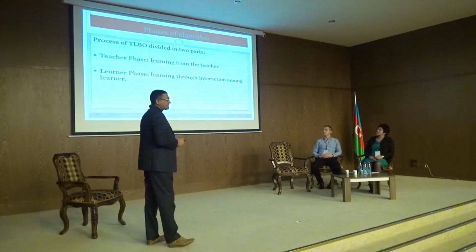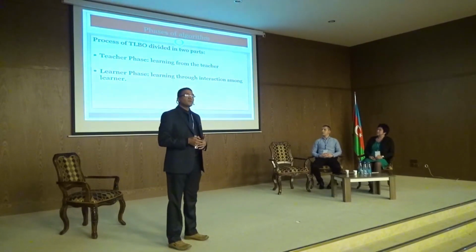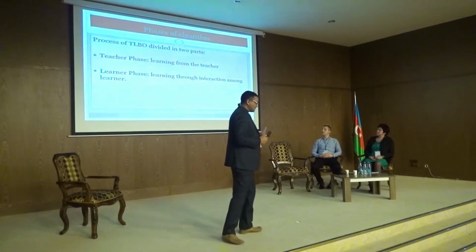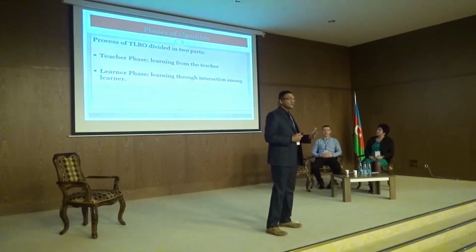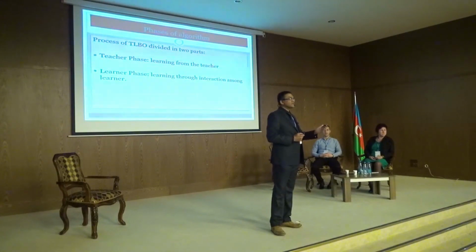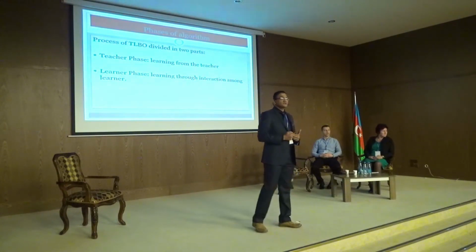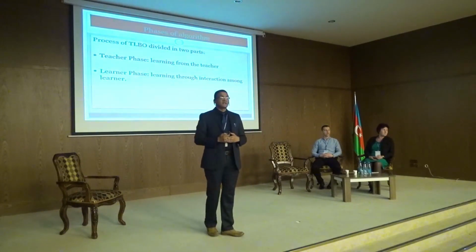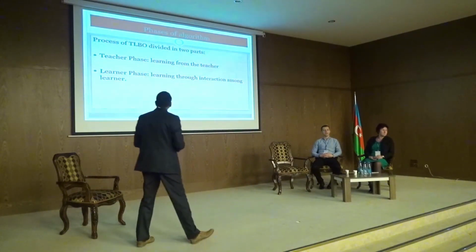In the teacher phase, the learning is from the teacher. In the second phase, called the learner phase, the individual elements of the population, the students who have already attained some knowledge from the teacher, are now in a position to attain knowledge from the environment and also to give knowledge to their peer elements. That is called the learner phase.